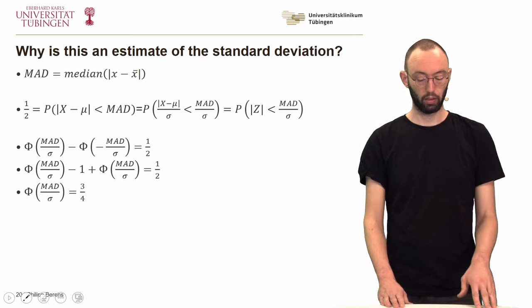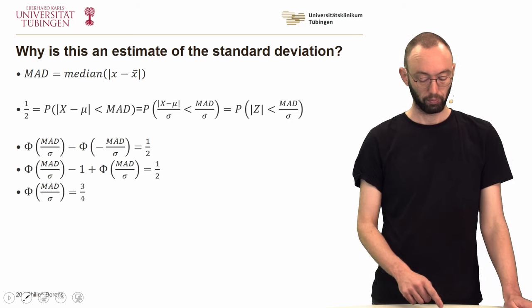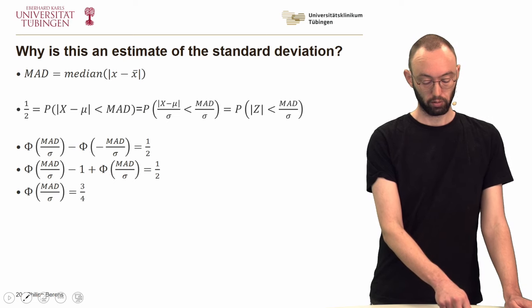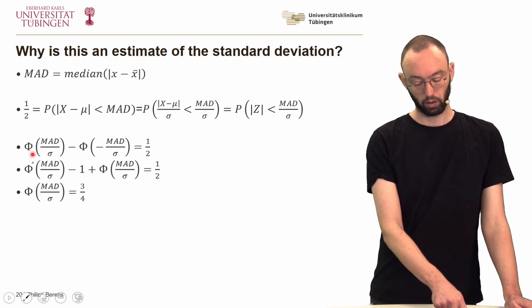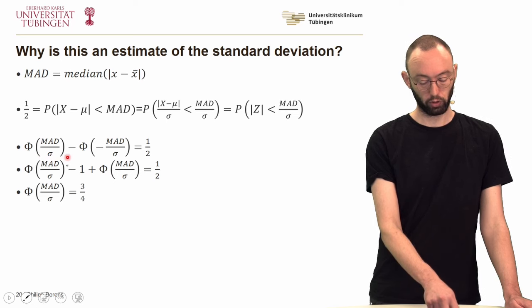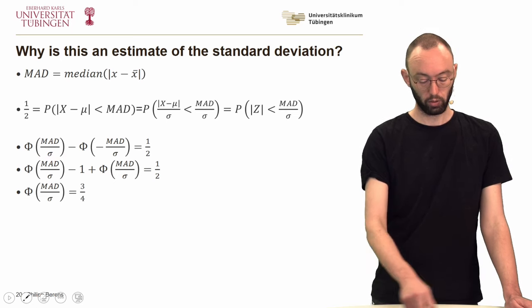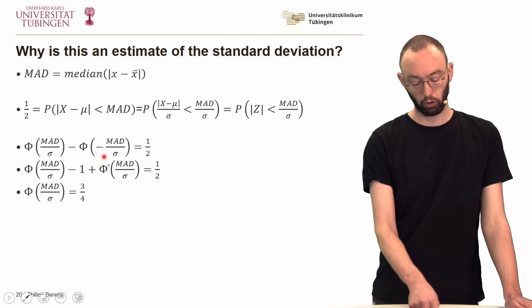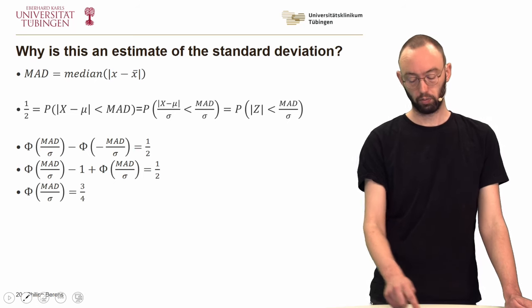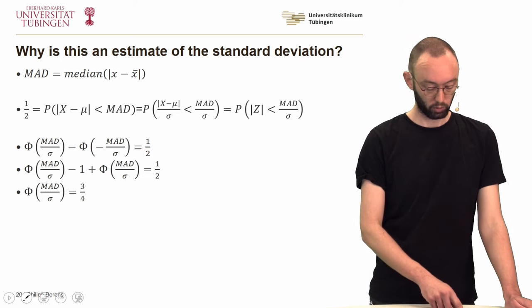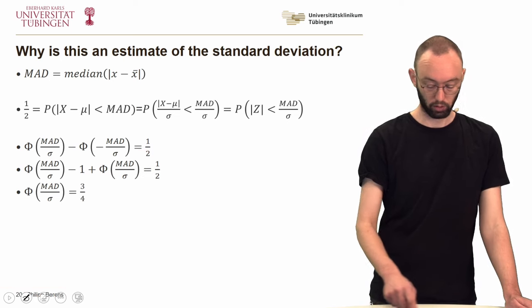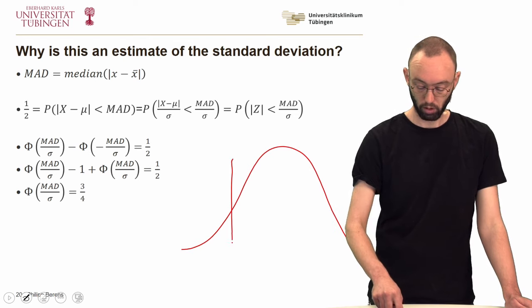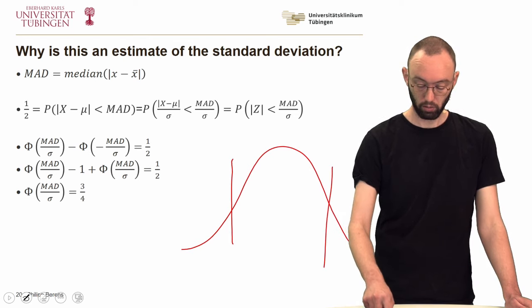Now, from this it follows that the Gaussian normal distribution function of this value minus the normal distribution function of minus this value is 1/2. If you were to look at the Gaussian distribution, this would be somewhere from here to here, and here is the middle.